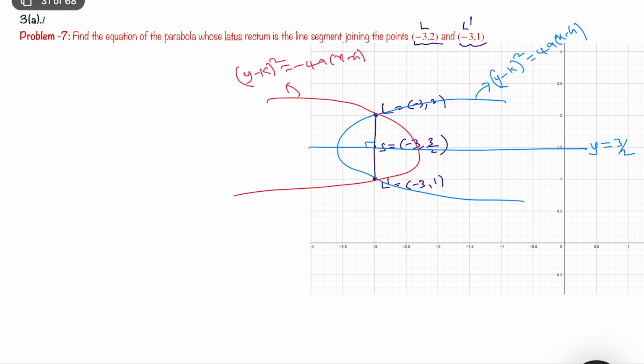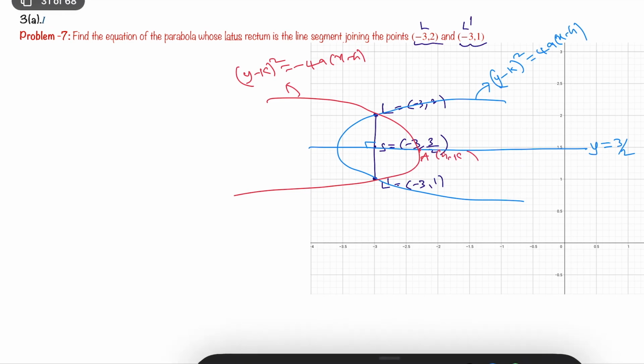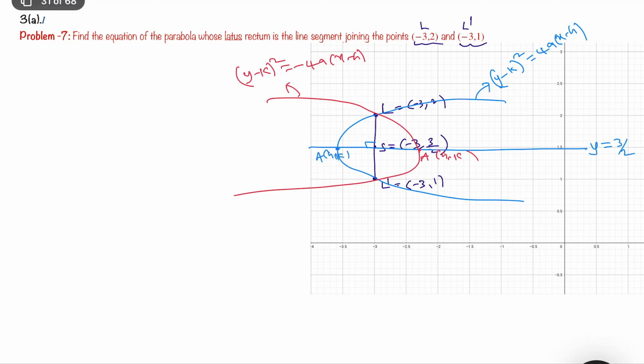Here h comma k is going to be the vertex. In the blue parabola case, the vertex h comma k is going to be somewhere here. So here we need to figure out a, h, k.